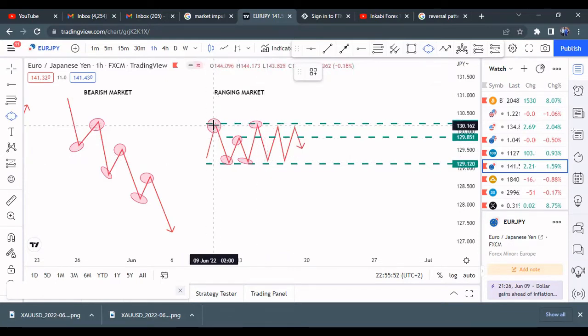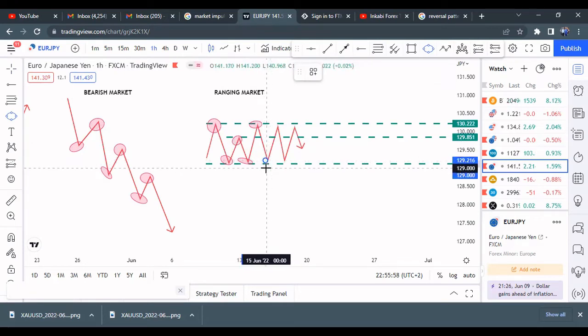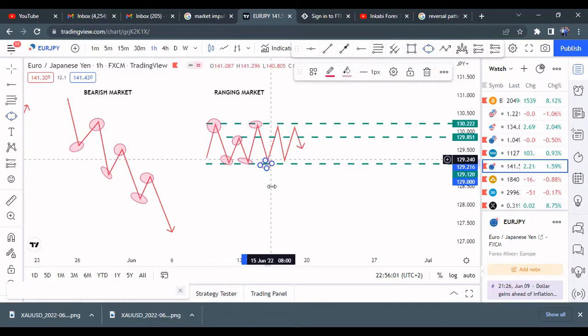So now you see we have this point, we have this point, we have this point, right? And then as it arrives here, it rejects again. It doesn't want to break here either.